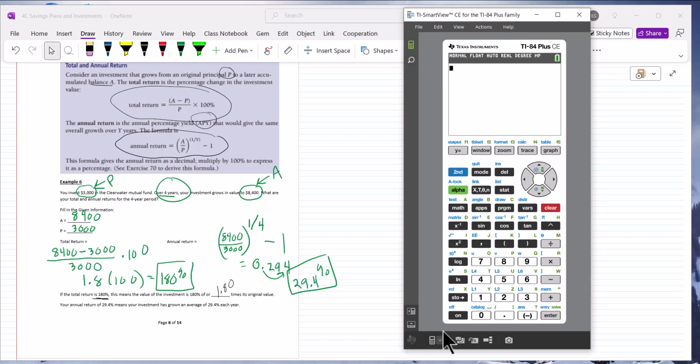If I take 1.8, I'm taking 180% of 3,000. Look what I get: 5,400. But notice if you take the 3,000, your principal, plus that 5,400, you get the final amount.